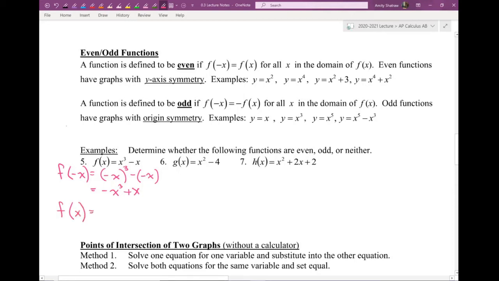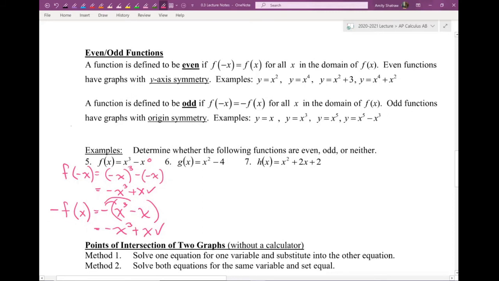If I take my function, x cubed minus x, and I apply a negative to it, then what do I get? Ready? I get negative x cubed plus, because a negative times a negative is a positive, plus x, which is, check, the same thing. Therefore, I know this is odd by the formal definition.